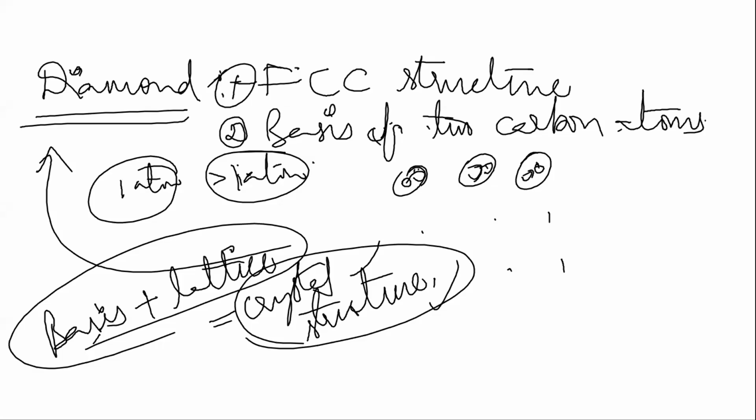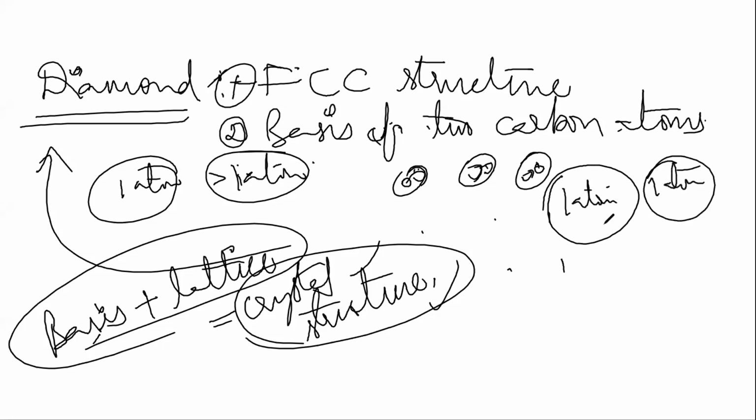Hence, the diamond has FCC structure with a basis of two carbon atoms. Okay, students. So 2 carbon atoms. Now let me show you. One atom and the other atom. One is located at the position 0, 0, 0, that is at the origin of the unit cell of the crystal lattice.